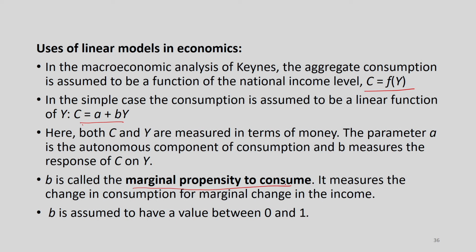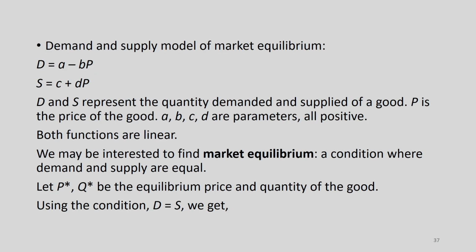It measures the change in consumption for a marginal change in income, and generally there is an assumption that the small b is going to lie within the interval from 0 to 1. Okay, so, this is an example of how linear functions are used in economics.